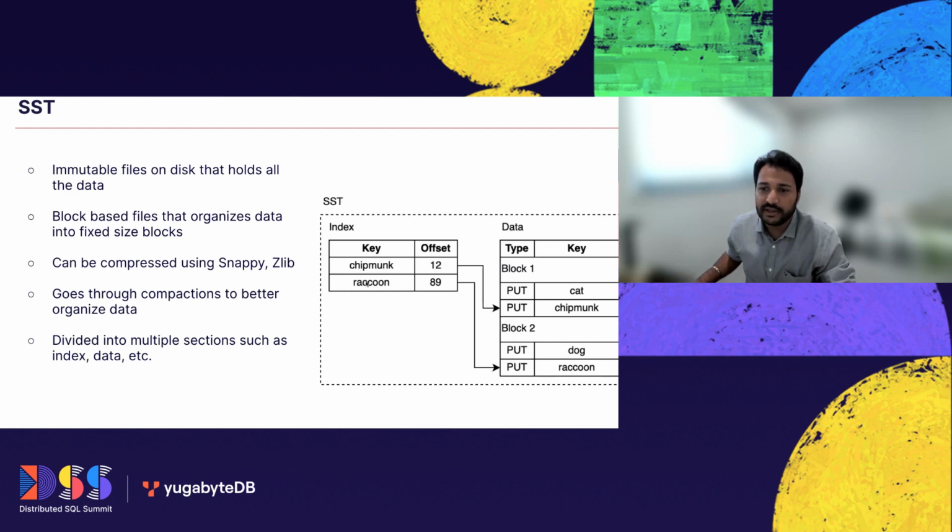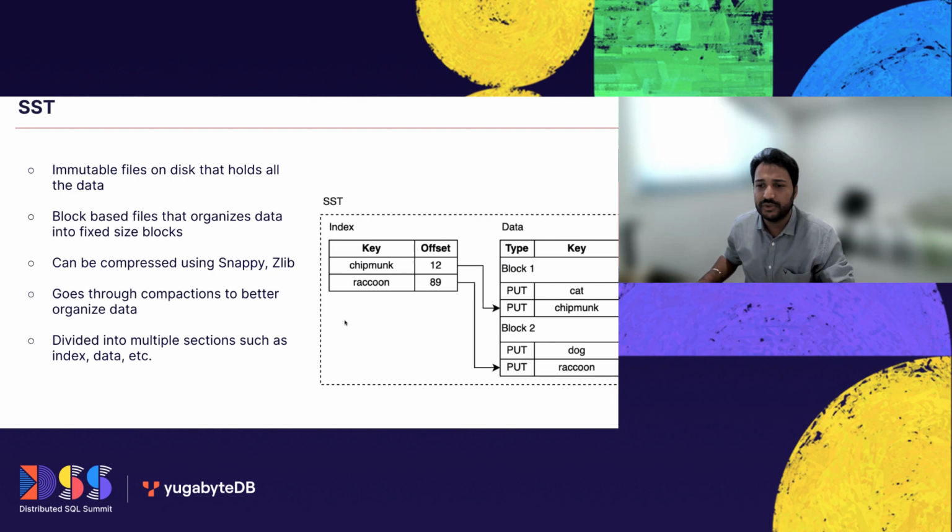And then an index block is basically a pointer to entries in the data blocks in order for the database to find specific entries. Now, these SST files are basically binary files on the disk that can be compressed using certain compression algorithms such as Snappy and zlib.